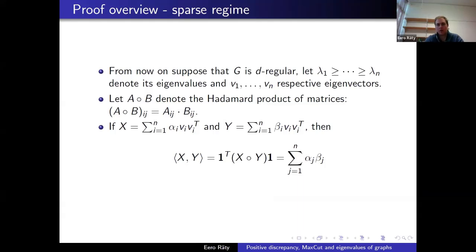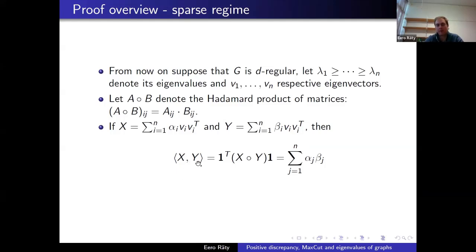So just to get us warmed up, let's see what happens if we plug in matrices which are linear combinations of matrices of the form v_i v_i transpose, where the v_i's are an orthonormal set of vectors.